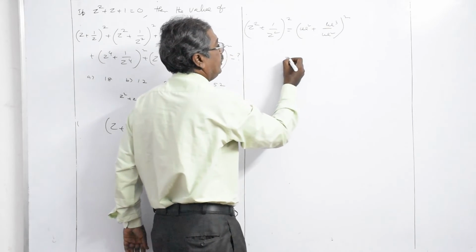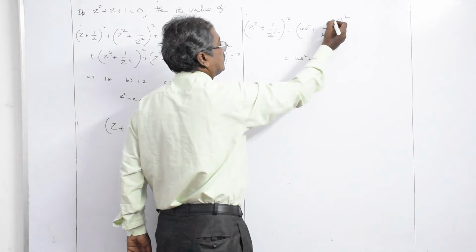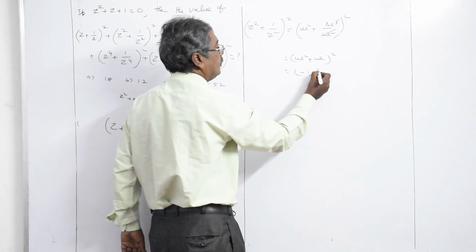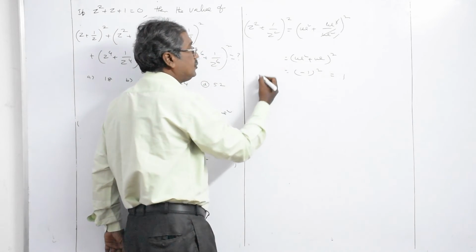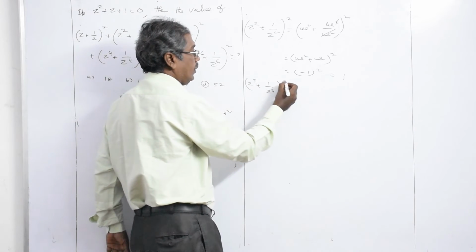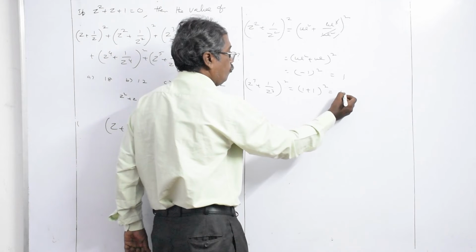Cancel this, so omega the whole square, this will become minus 1 the whole square equal to 1. Similarly, z cube plus 1 by z cube whole square will become 1 plus 1 the whole square, which becomes 4.